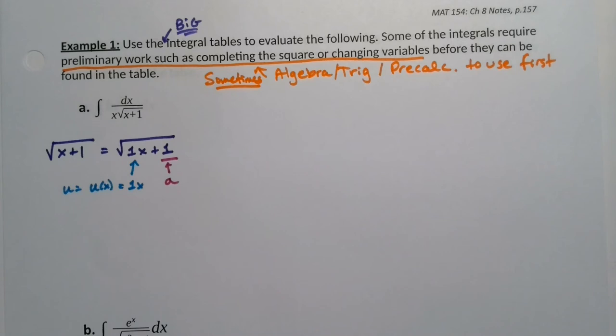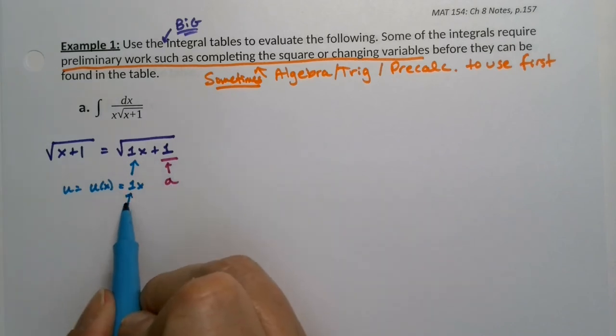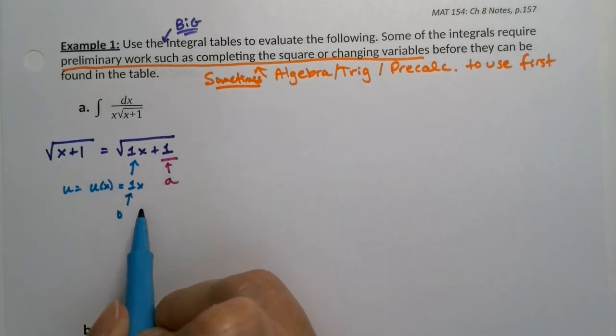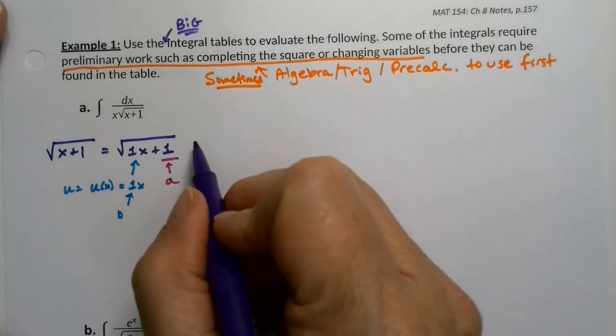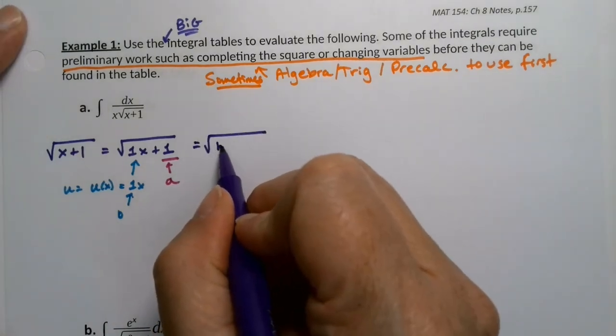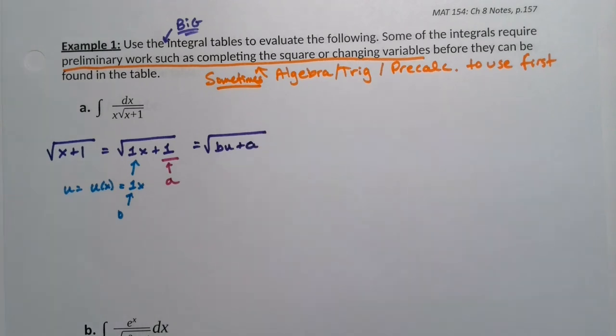So I would say that a is 1, b is 1, and I have an a plus bu. Okay, let me rewrite it, or bu plus a form.